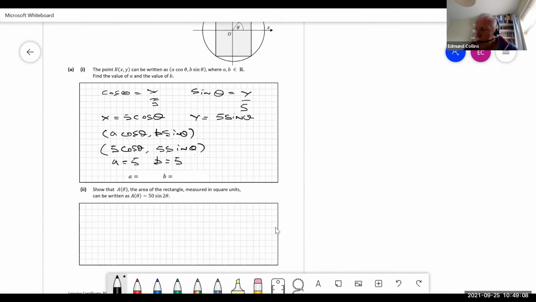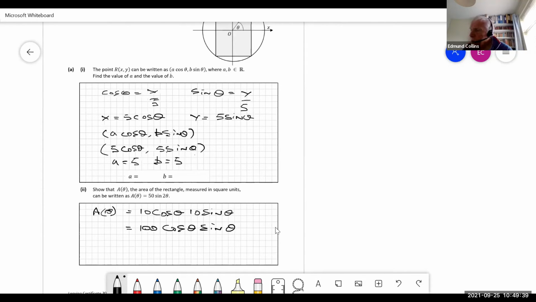So we can write that down there for A in terms of theta equals 10 cos theta by 10 sine theta. That equals 100 cos theta sine theta.